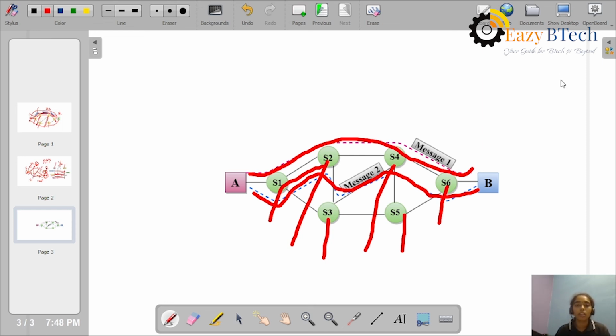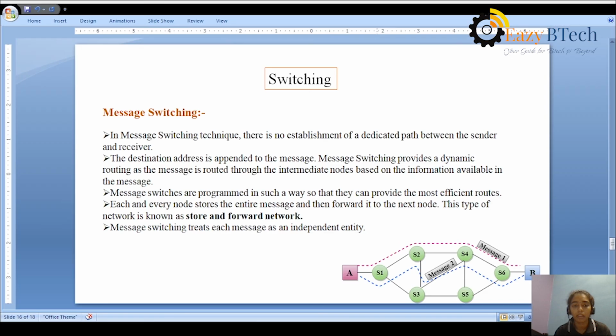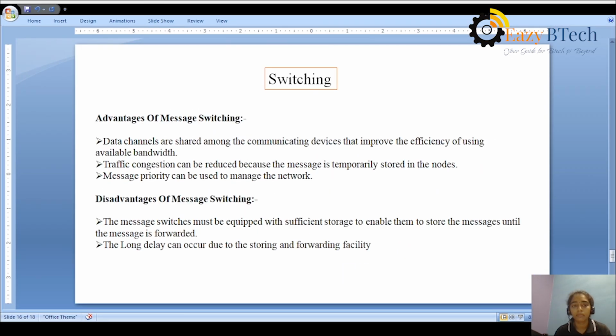Let us see the advantages and disadvantages of message switching. Advantages: data channels are shared among the communicating devices to improve the efficiency of using available bandwidth. Data channels are shared means a particular data channel will be shared by different communication devices.